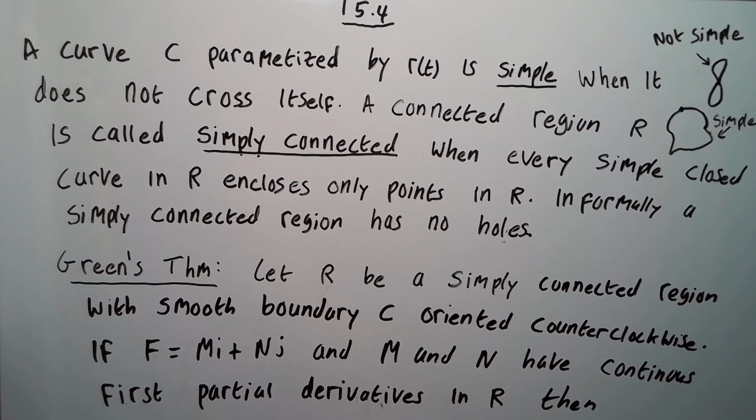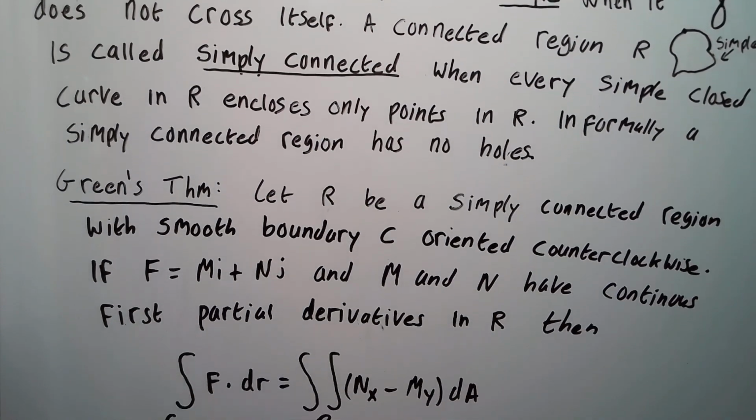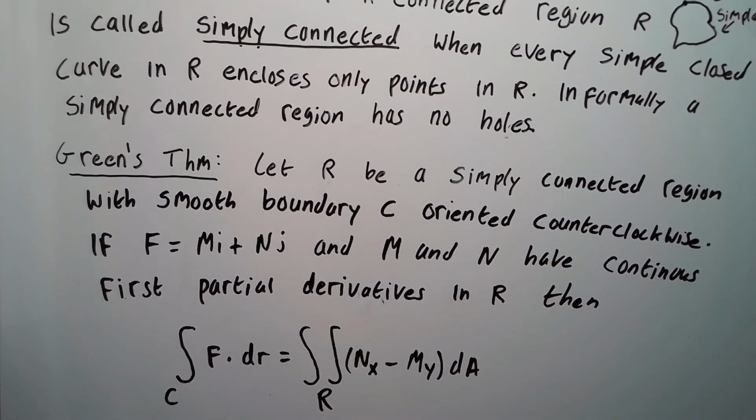Okay, so now let's look at Green's theorem. That's what this section's about. Green's theorem says the following. Let R be a simply connected region with smooth boundary C oriented counterclockwise.